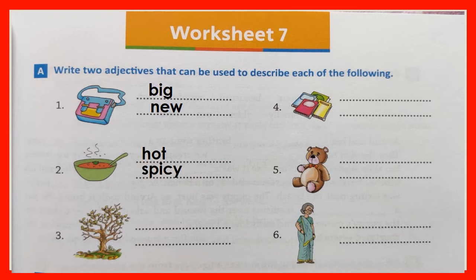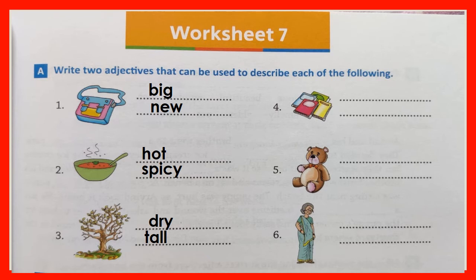Then number 3, it's a tree, and if you look at the tree, it's a big tree, right? So you can write big, tall, or you can write dry. I have written here dry and tall. You can use your own adjective. Next, number 4, there are books there.